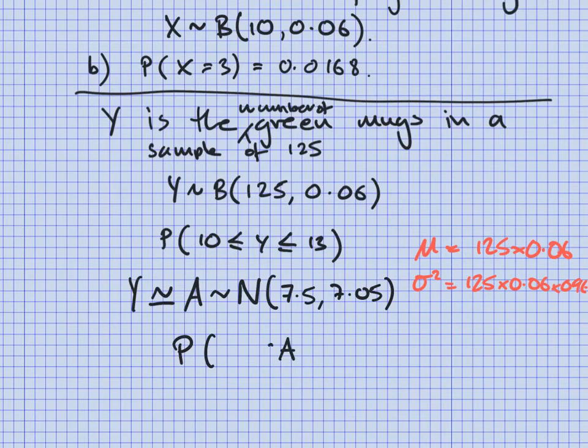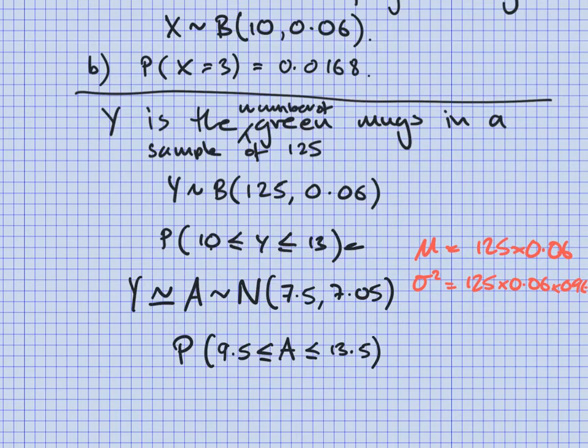Okay, so we want the probability that A is between. Now, we have to make a correction here because 10 is a discrete value and we have to allow all numbers which would round up to 10. And we want to go up to 13. We need to allow for all numbers which would round to 13. This is called a continuity correction. We're going from the discrete values for the binomial to the continuous values for the normal distribution.